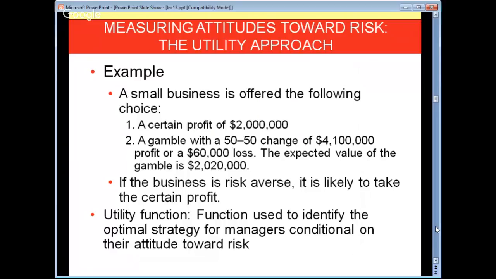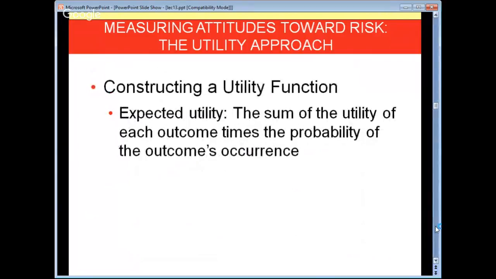So in this case, we have a utility function used to identify the optimal strategy for managers conditional on their attitude towards risk. But instead of doing consumption of different goods like we did before, now we're doing it with wealth. And more wealth is better in general if there's no risk.